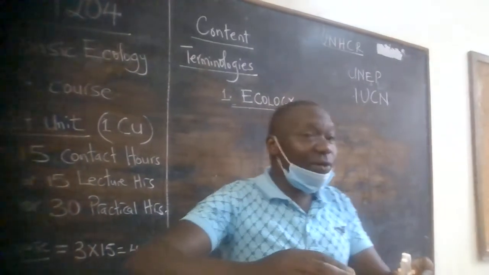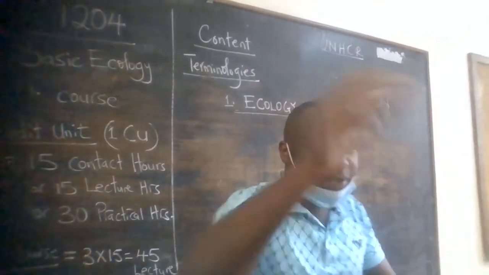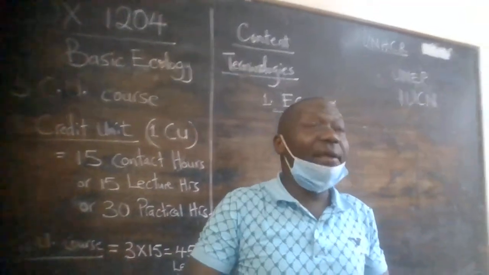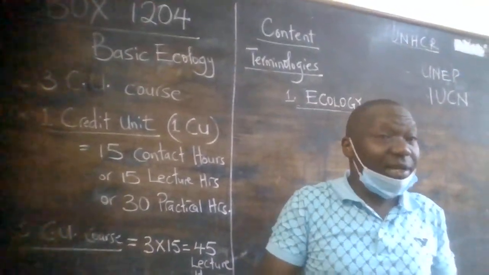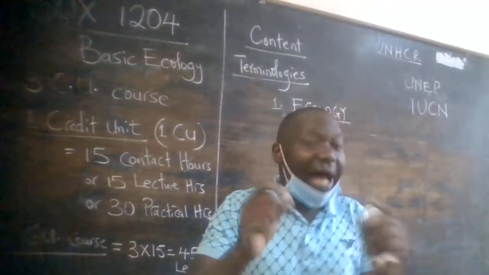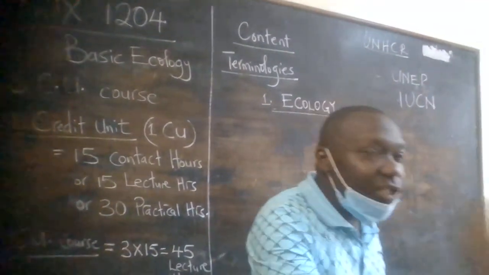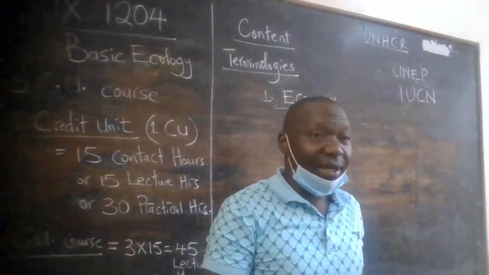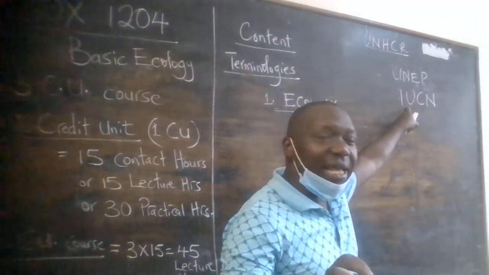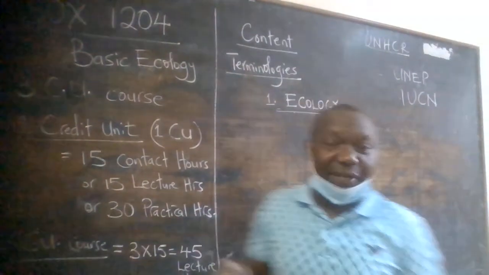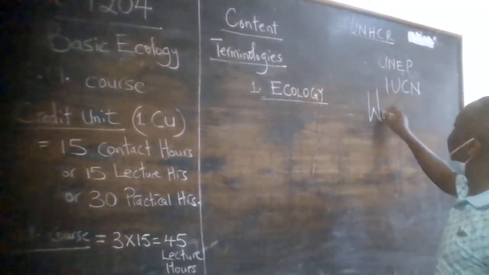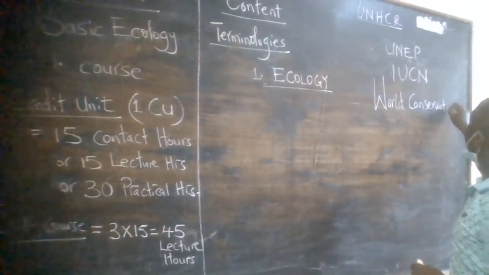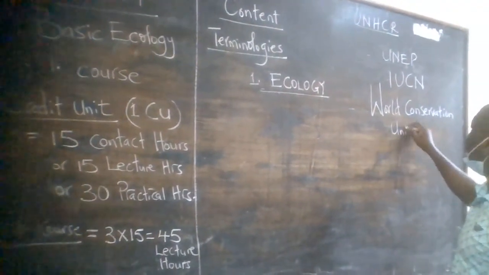Another subunit is on conservation of endangered species, species that are threatened mainly by human activities and by climate change, and that are on the verge of disappearing, of becoming extinct. The IUCN is also called the World Conservation Union.